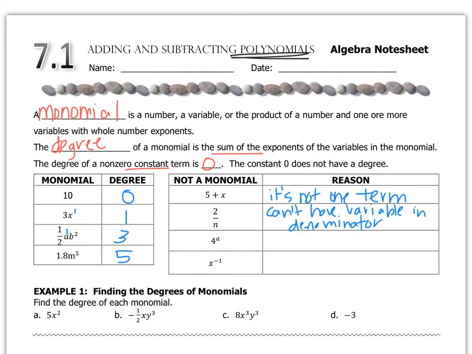Now, something that we just saw in our previous chapter was variables in the exponents. Even though this looks so much like a monomial, it's not, because your variable is also not allowed to be in the exponent. It has to be the base. So we're going to write: can't have a variable in the exponent. The last thing that makes something not a monomial is that you can't have a negative exponent.